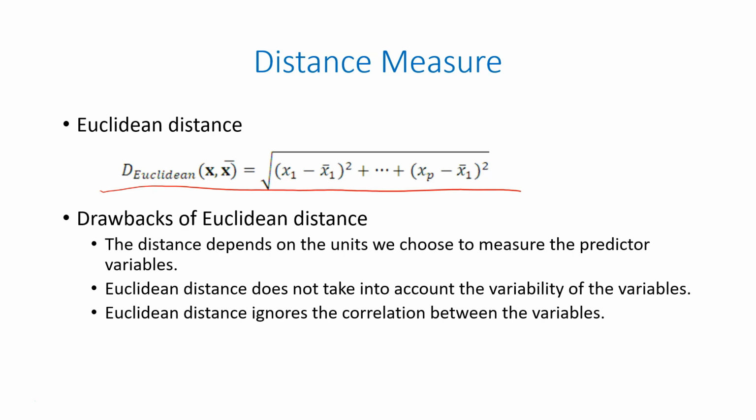While it is a popular distance measure, Euclidean distance has its drawbacks as well. First, the distance depends on the units we choose to measure the predictor variables. So the predictors with larger values tend to dominate the distance measure. Second, Euclidean distance does not take into account the variability of the variables.